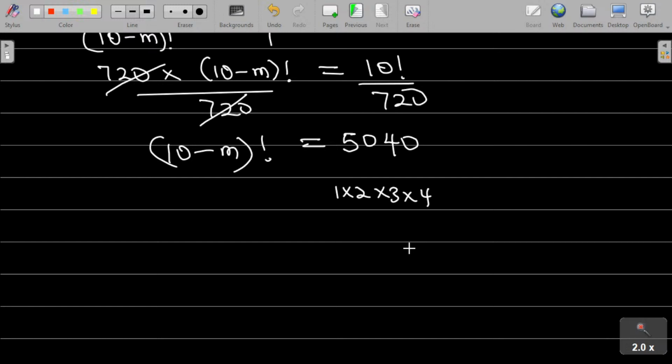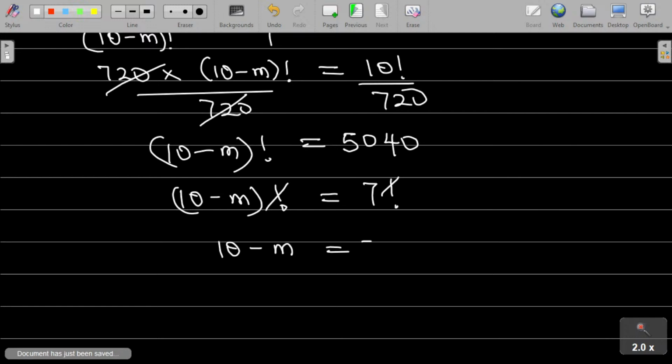You will see that it is 7 factorial that will give us 5,040. And you are done. So you have (10 minus m) factorial is equal to 7 factorial. And so factorial will cancel factorial. So you have 10 minus m is equal to 7.